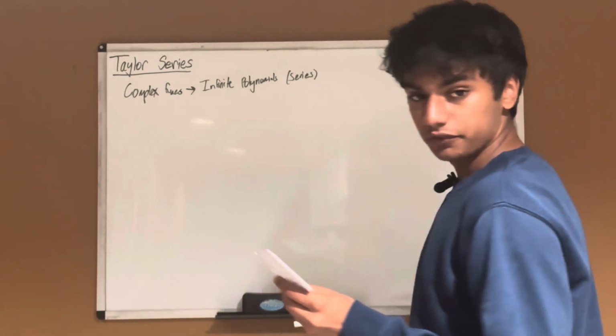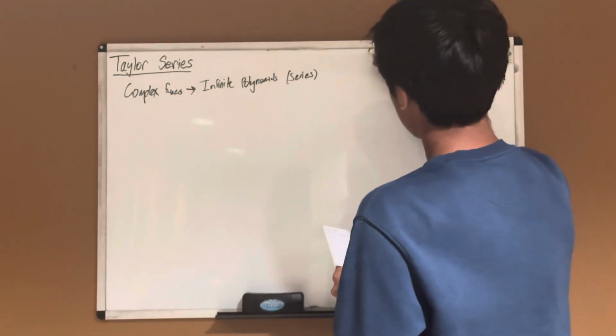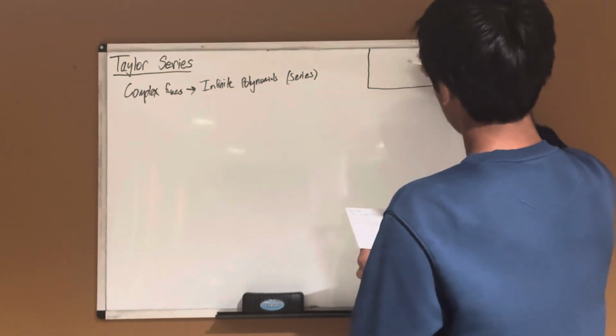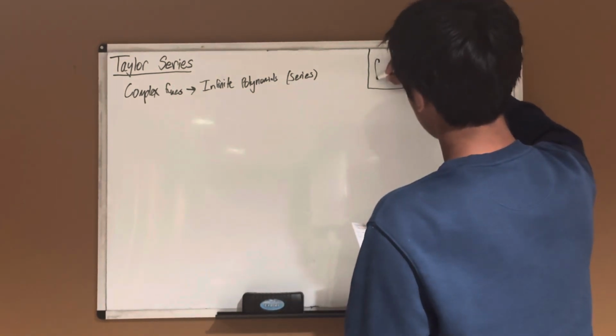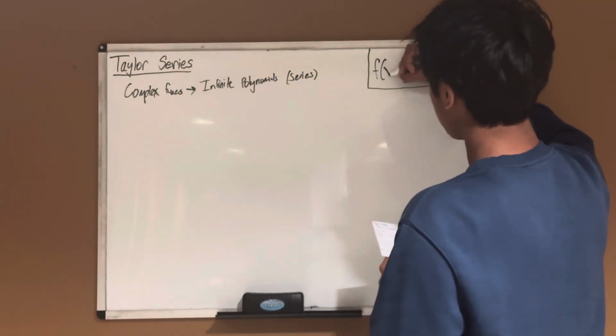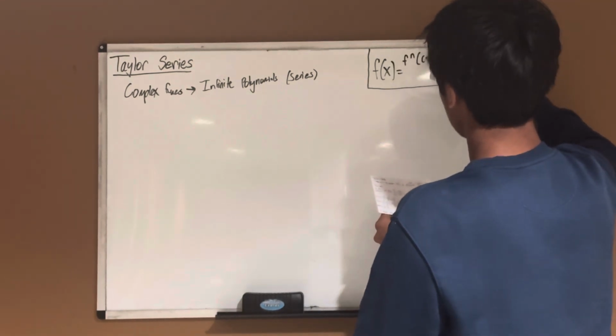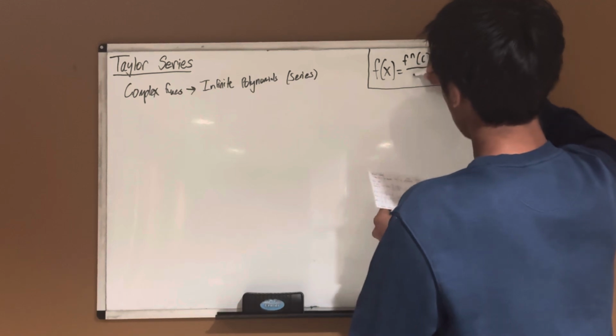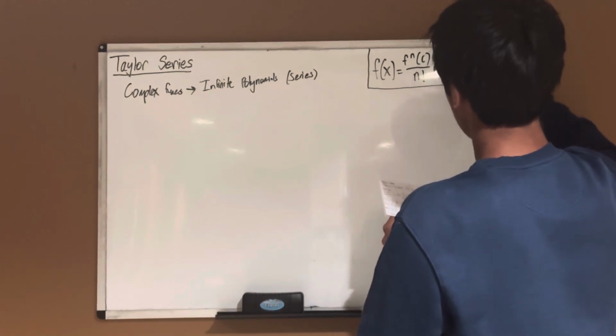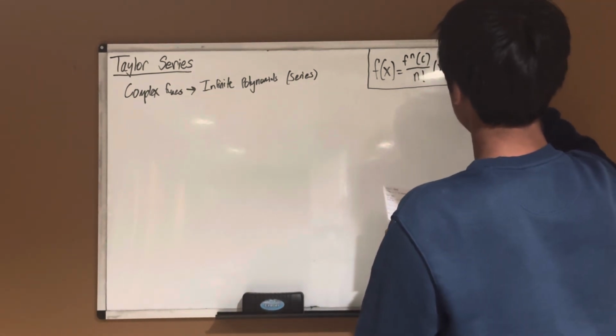So the formula for a Taylor series, this is an important one, so I'll write it here. The formula for a Taylor series, f of x centered at c, is equal to the sum of f^(n) of c, the nth derivative at c, over n factorial times x minus c to the n power.